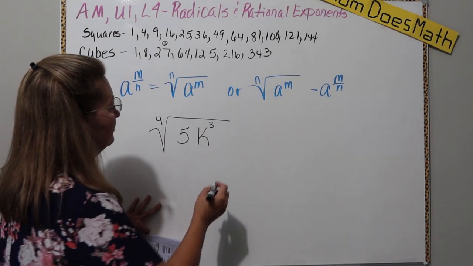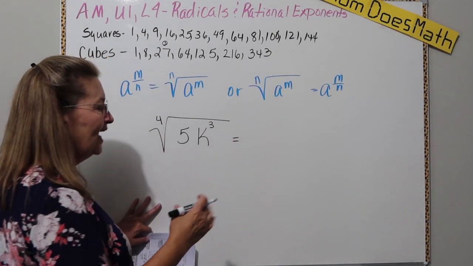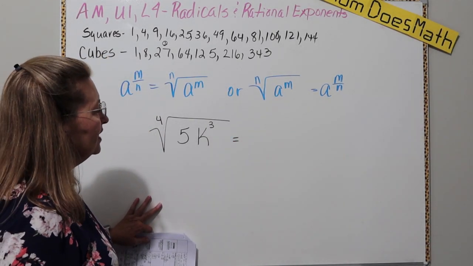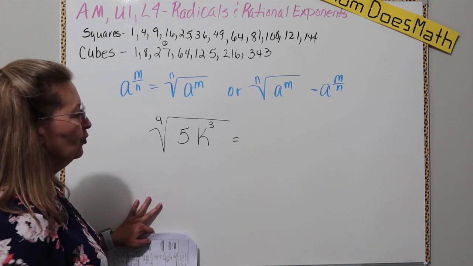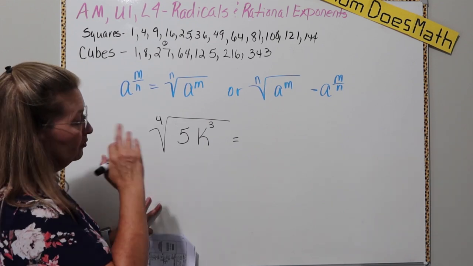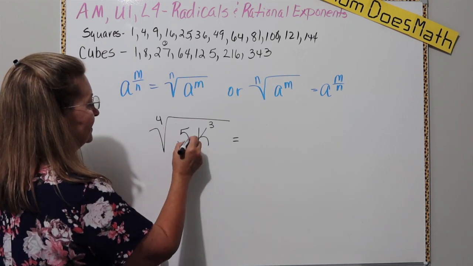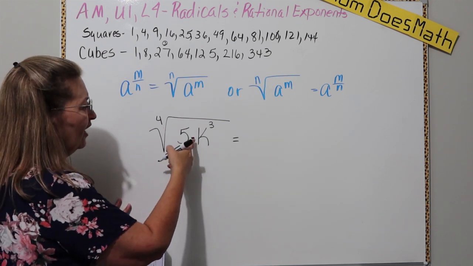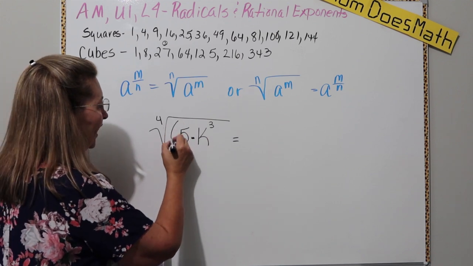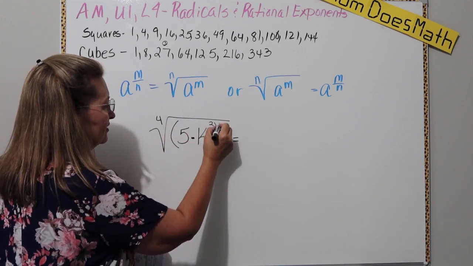Okay, number 27 says write in simplest exponential form. So that means we want a fractional exponent rather than a radical. Now, this one gets a little bit confusing if you're not paying attention because the 5 is not cubed. That's 5 times k to the 3rd. So what I do, put that in parentheses.